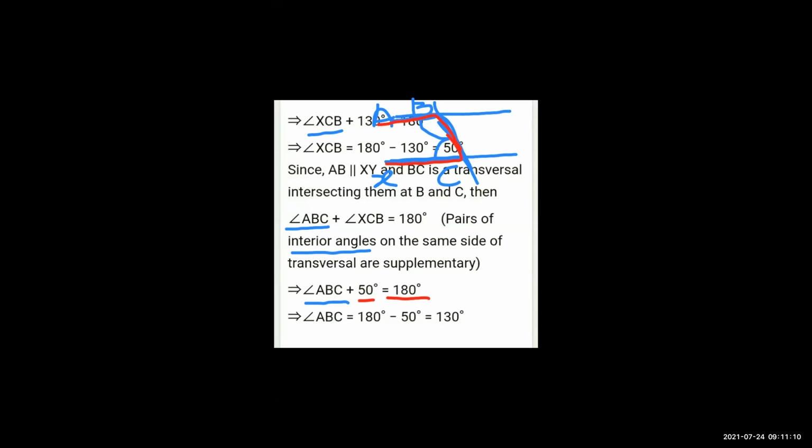By calculation, the value of ABC we got is 130 degrees. In this example, we learned two properties, the interior angle property and the linear angles property, and in both cases the angles are supplementary to each other.